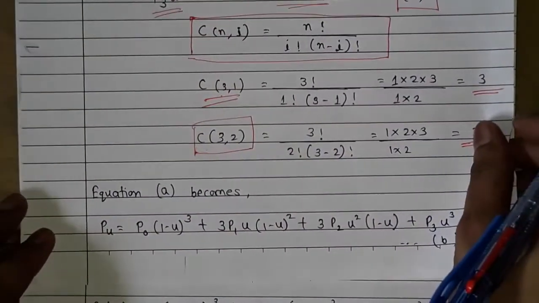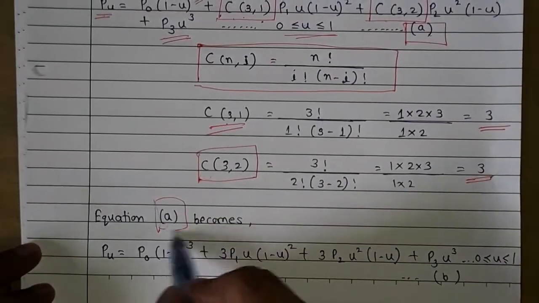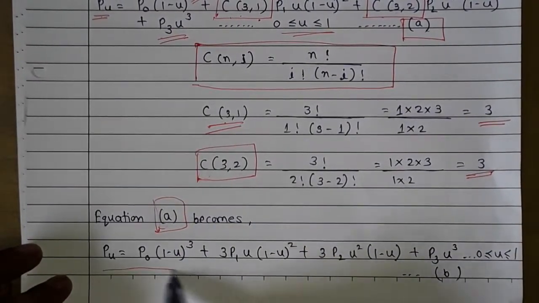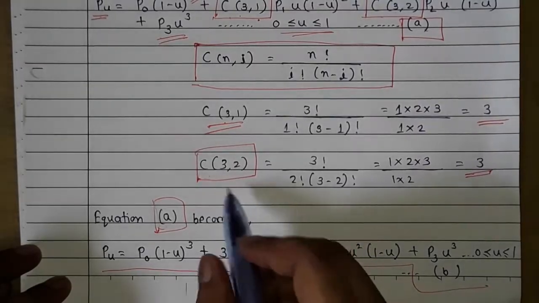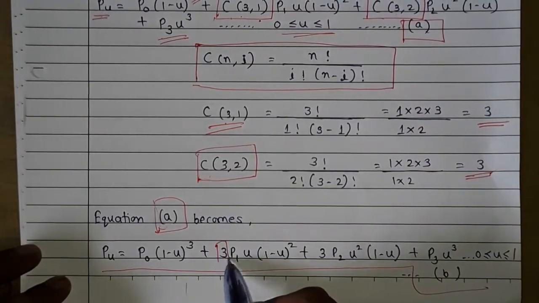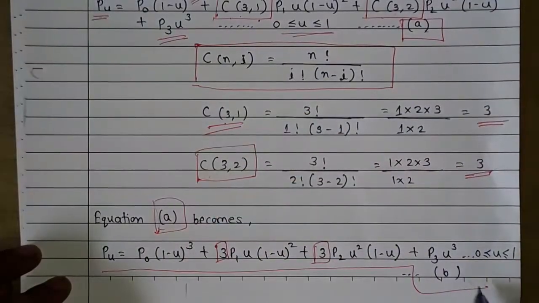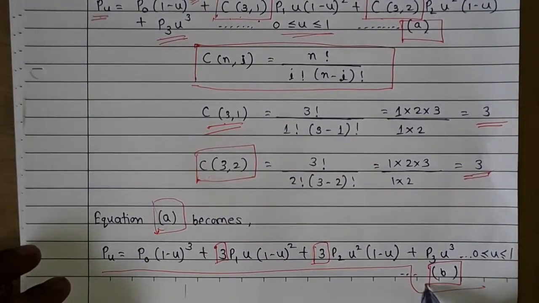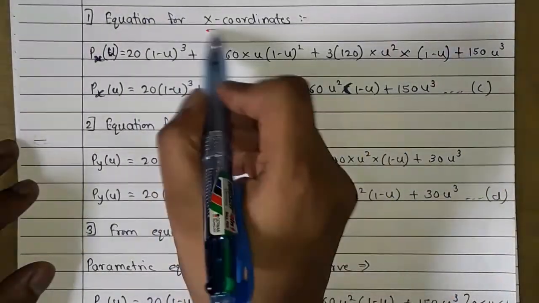After putting the values in equation number A, we got this equation. Here we have put the values of C, and we rewrite equation A and name it equation B. Now let's find the equation for the x coordinates.